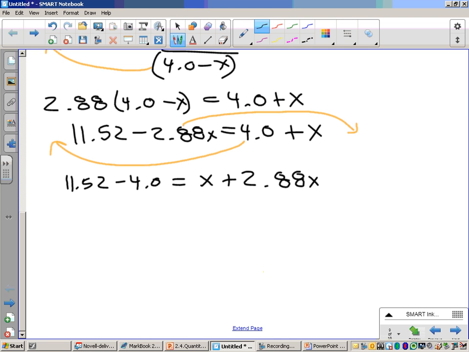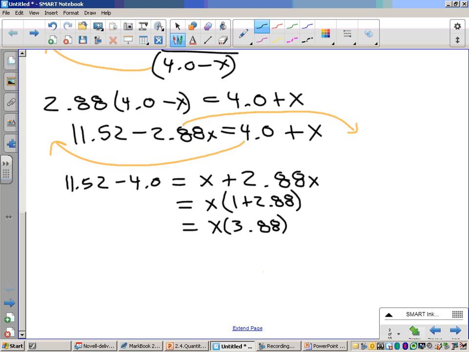For those of us who are not very strong in the algebra, here's what you can do: if I pull out a common factor of x, then I get 1 plus 2.88. I know I'm getting into some piddly little math, but I want to show those who are not a fan of it. So I've got x times 3.88, or 3.88x.